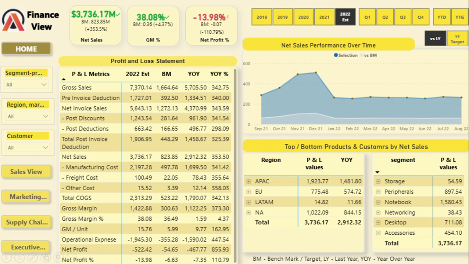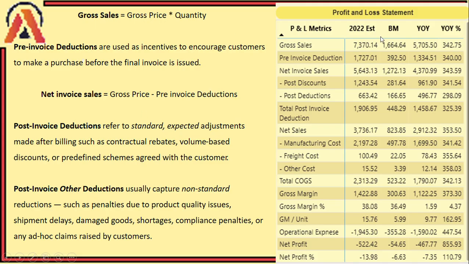In the finance view, you can see we have a detailed breakdown of profit and loss metrics. We'll go through all the metrics one by one and why I have included them. The gross sales is the gross price times the quantity, and then after that we get the net invoice sales, which is the gross sales minus the pre-invoice deductions. The pre-invoice deductions are the incentives or discounts given to customers to encourage them to make the purchase.